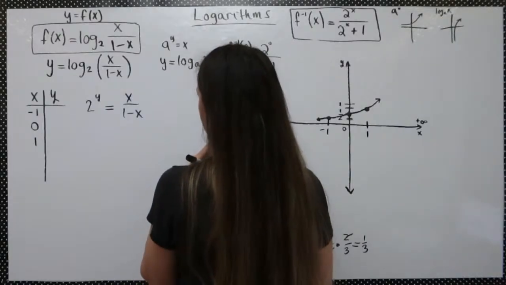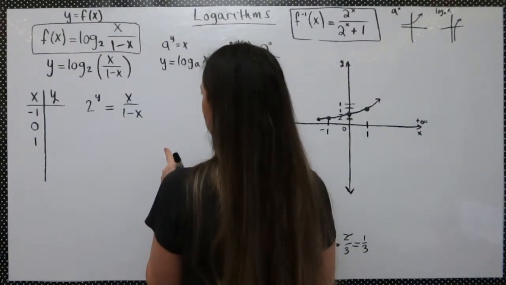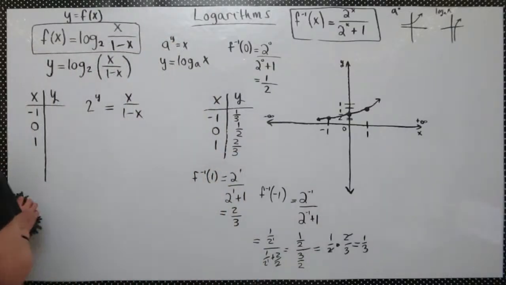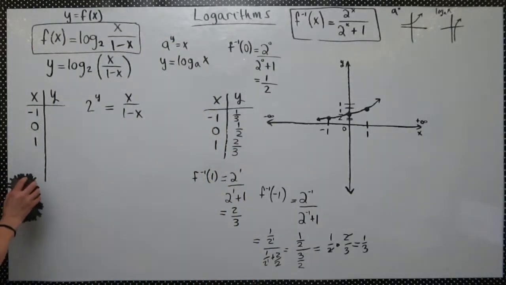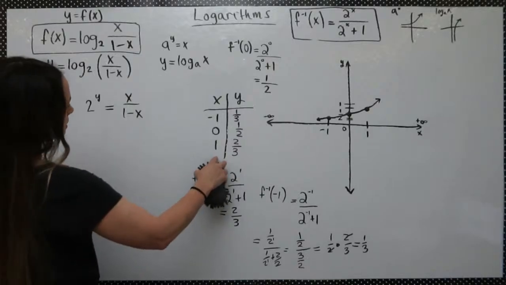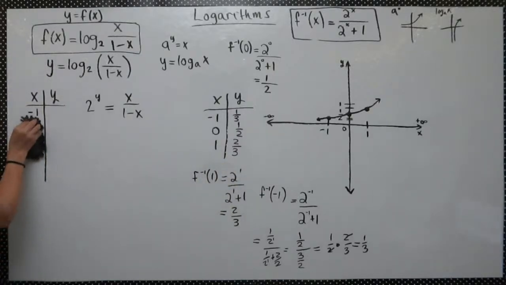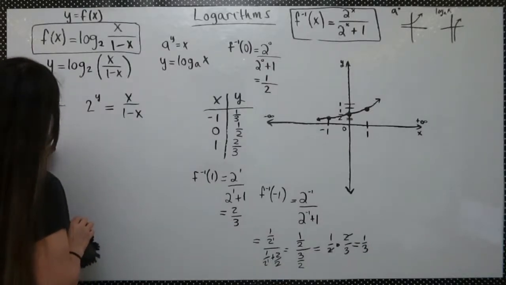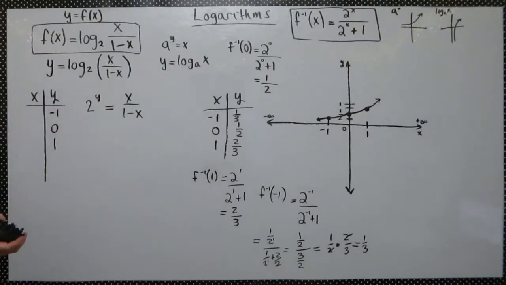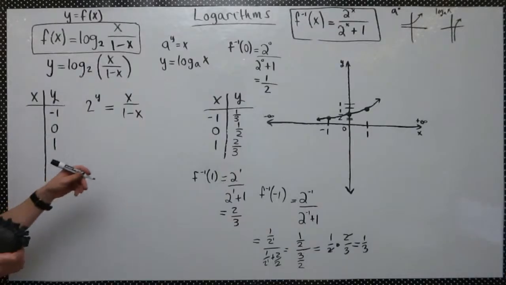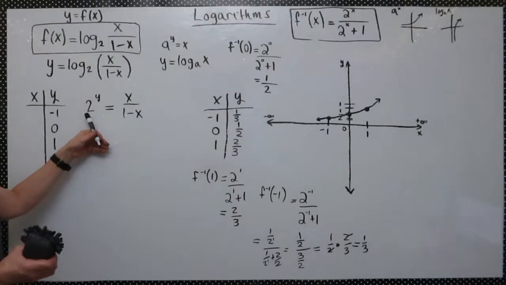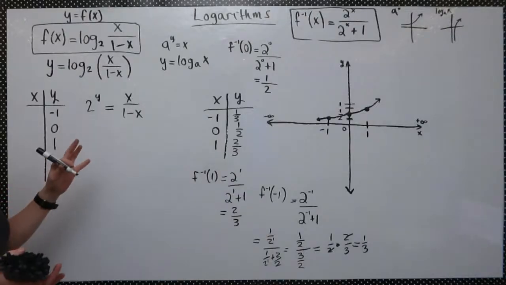And then I'm pretty sure what we're going to have to do is plug in values, because what we're doing is we're switching the domain and range. So I'm going to put these values in for y: -1, 0, and 1. And then instead of evaluating the function at x, we'll evaluate the function at y, which is backwards.